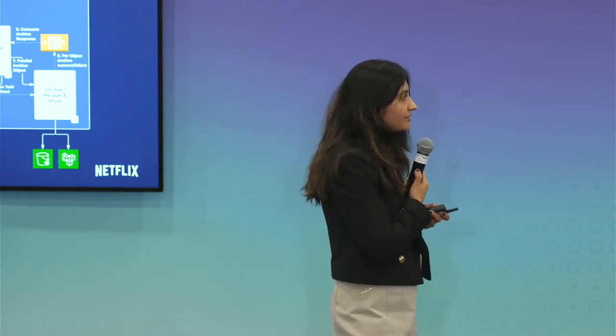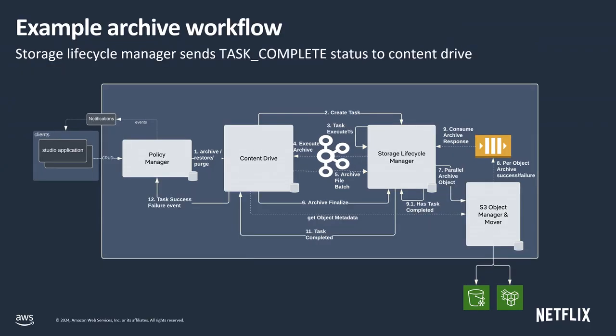Remember, we do the task sharding using Kafka so that we don't run into DB transaction conflicts. So once data lifecycle manager determines whether the task has completed, which means all the files have successfully transferred or not, it sends a completion event back to content drive, and content drive generates a task failure or successful event. This is how we drive the archive workflow using this smart algorithm.